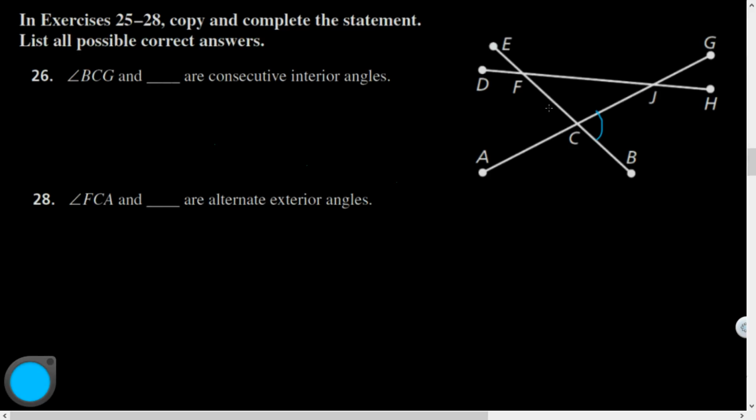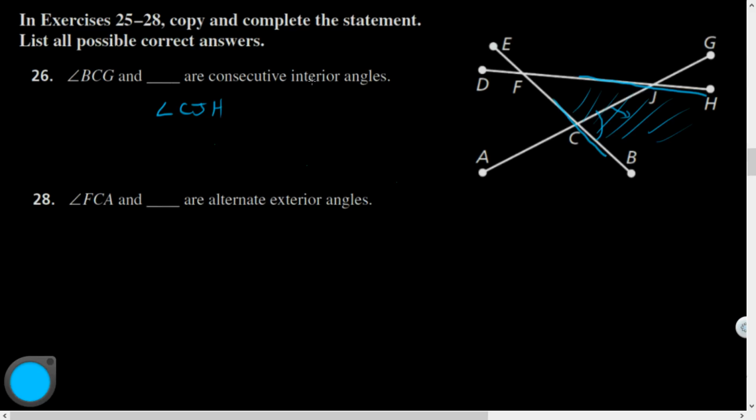So consecutive interior angles: this angle is on the interior of these two. If AG is that transversal, consecutive would be this angle here, which I could call angle CGH, or some variation of that.